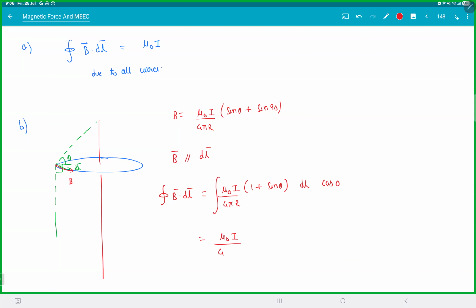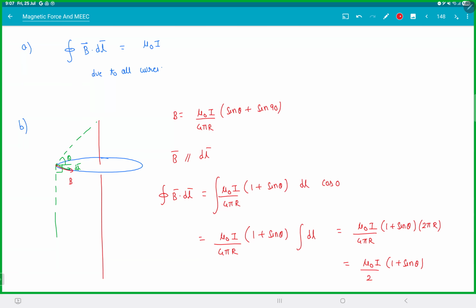Mu naught I by 4 pi r, 1 plus sine theta, integral dl, which will become 2 pi r. There, we just integrated this. Clear what we did? We took the field due to the finite wire and we finished it off.